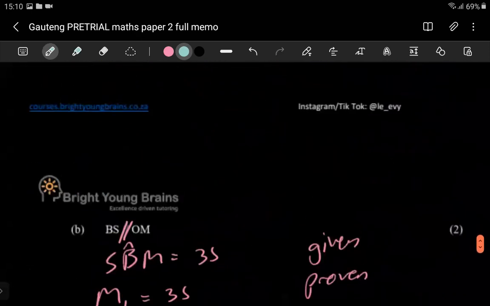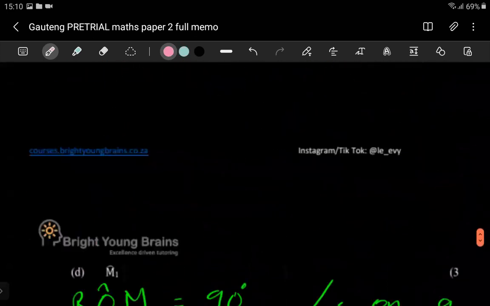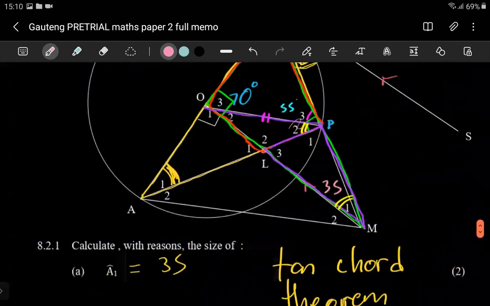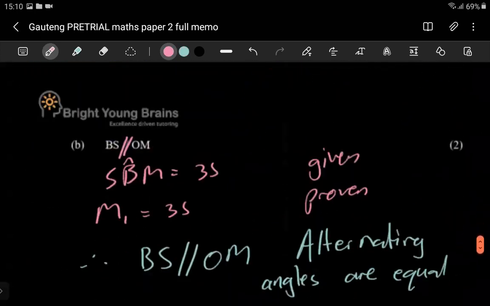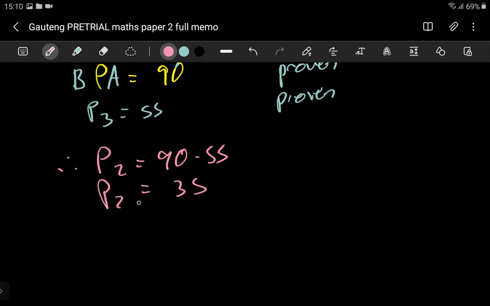P3 is equal to 55. This has also been proven. And then as a conclusion, we can now state therefore P2 is equal to 90 minus 55, gonna be left with 35.